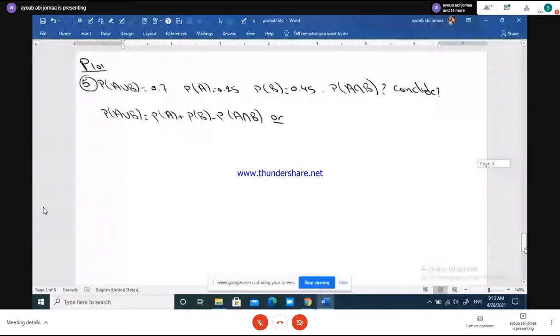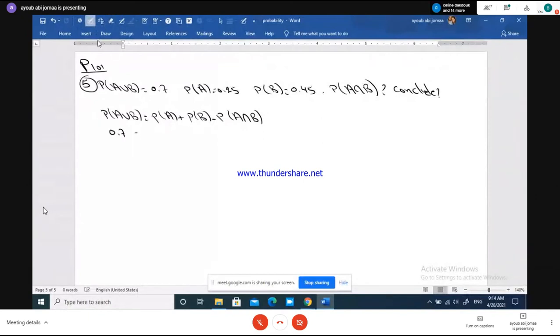Replace: 0.7 is equal to 0.25 plus 0.45 minus probability of A intersection B that we have to find.